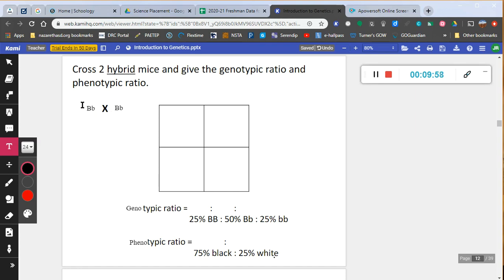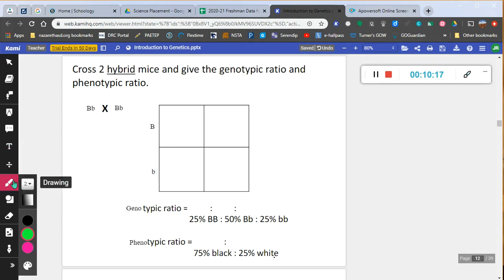Again, this is parent number 1, and this is parent number 2. And I'm going to take parent number 1 and write their alleles over here on the side of my Punnett square. This is parent number 1, and here are the alleles of parent number 1.